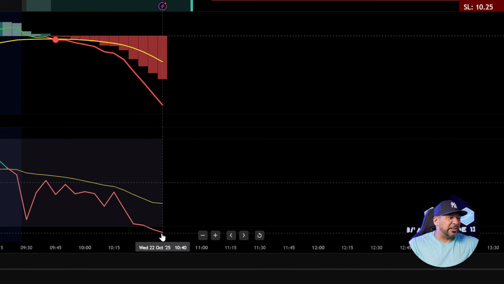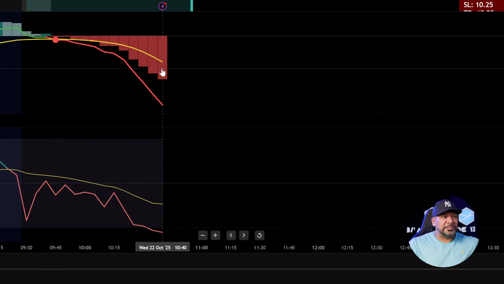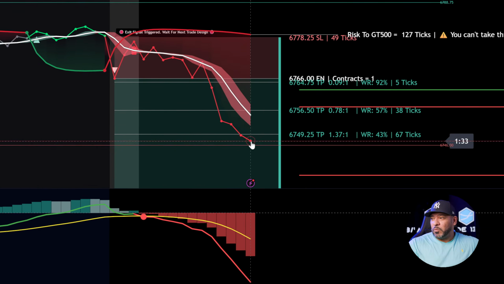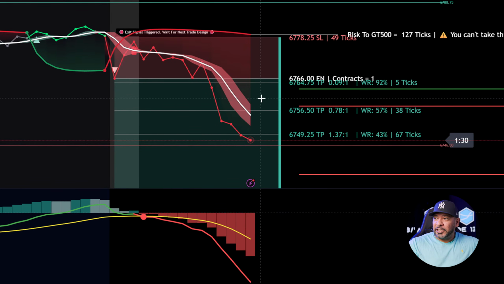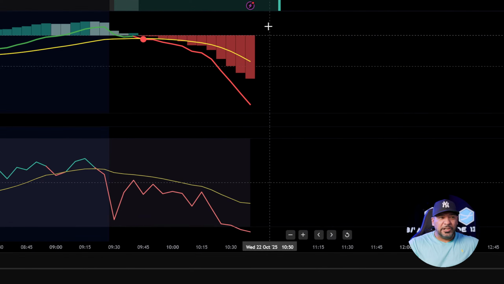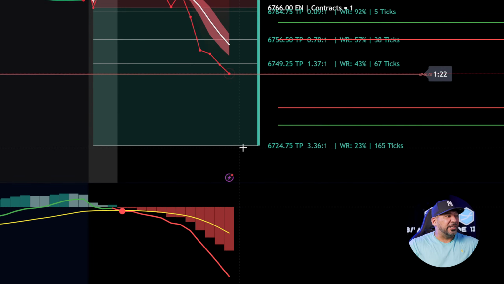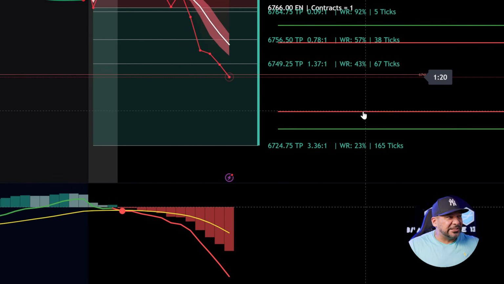But you want to see a pivot come the other way. You would also want to see that MACD go from a deep red to like a lighter pink. You would want to see this break on the other side of the band, right? You don't want to hunt reversals because yes, it can't keep falling. We do have a zone all the way down here. This is where the market wants to go.